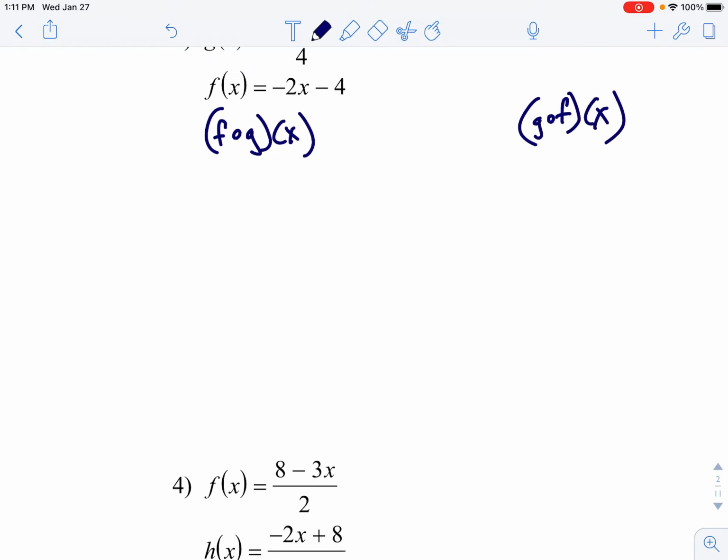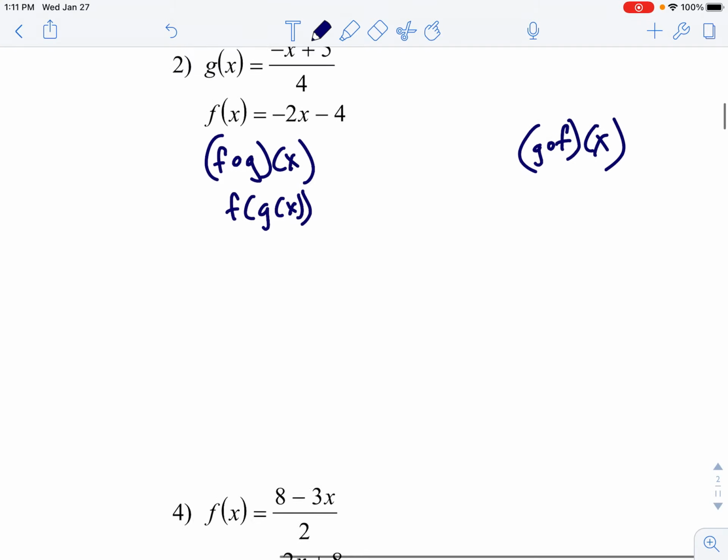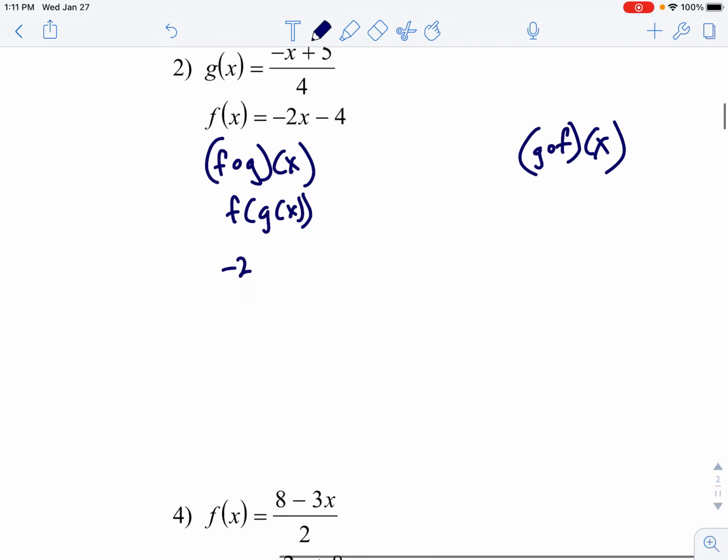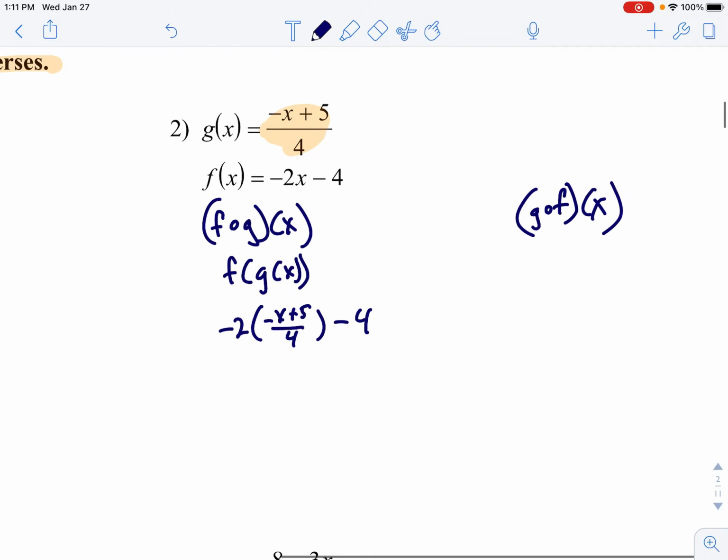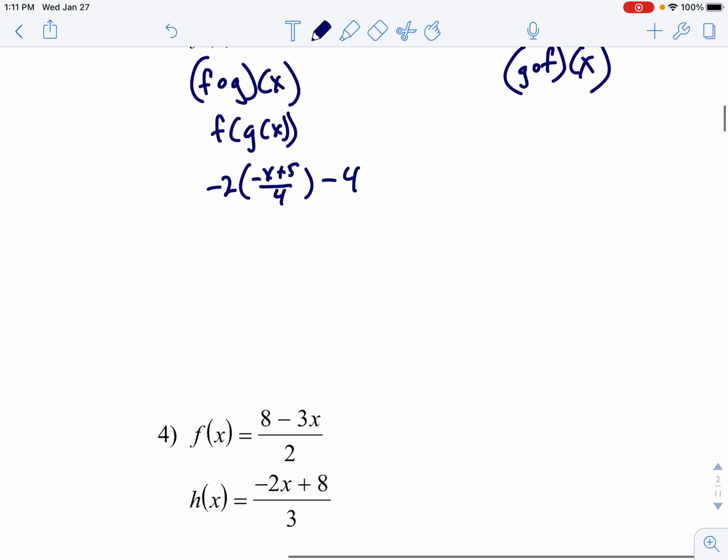f of g means we're going to do f of g like this. We're going to start with f, which is -2x minus 4, and we're going to plug g into it, -x plus 5 over 4. And we need to simplify this. How do you simplify that? Well, let's see. If we multiply, we put this over 1, and we can reduce this.